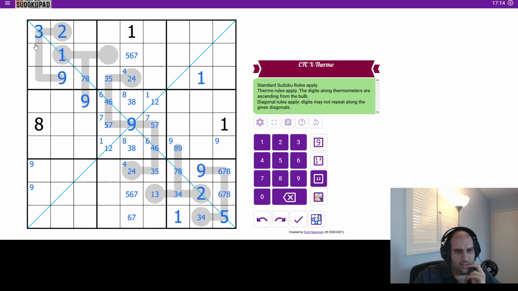Maybe there's something else. Keep looking. Eight can't go here, can't go there. 8 is here, here. I know there's a 6 in one of these two. Oh well, this can't be the 8. So 8 does go in one of these two, so not here.